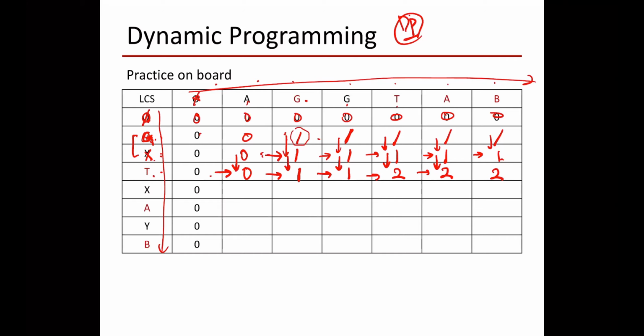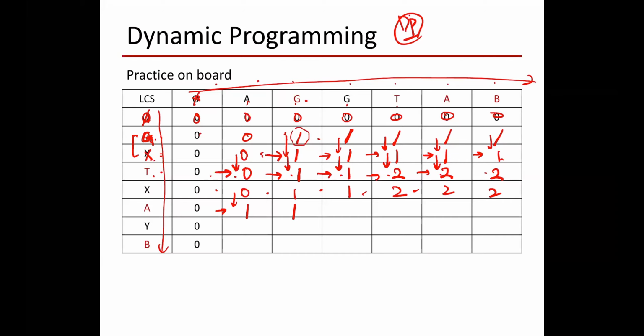Okay. X is not matching in here, so what do I do? Either of 2, bigger number, for each of these. Okay, let's do A. Oh, A is matching, right? So either of 2, bigger number plus 1. G and A doesn't match, so bigger number.